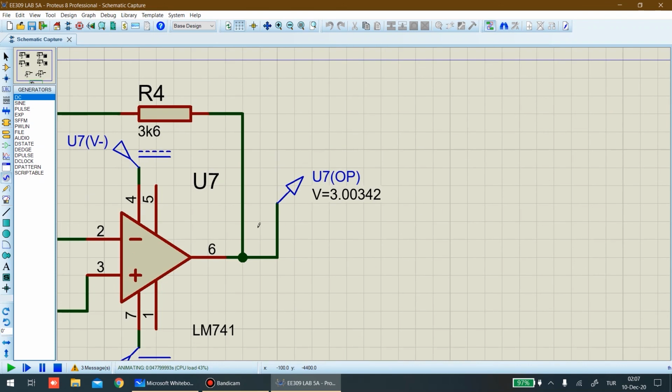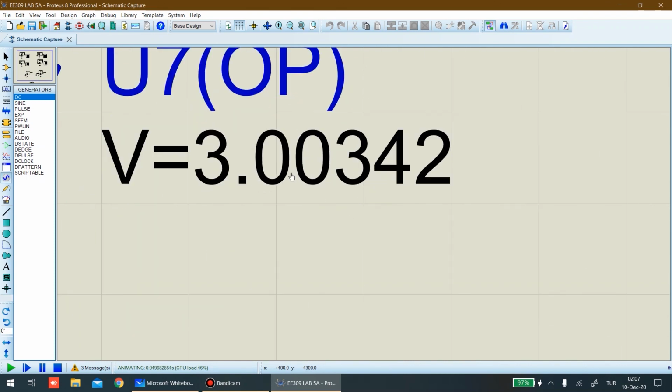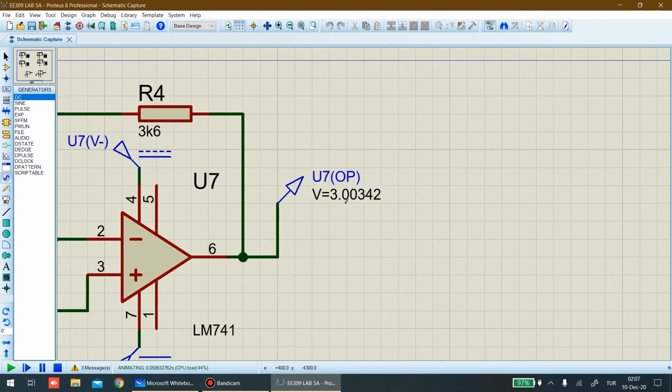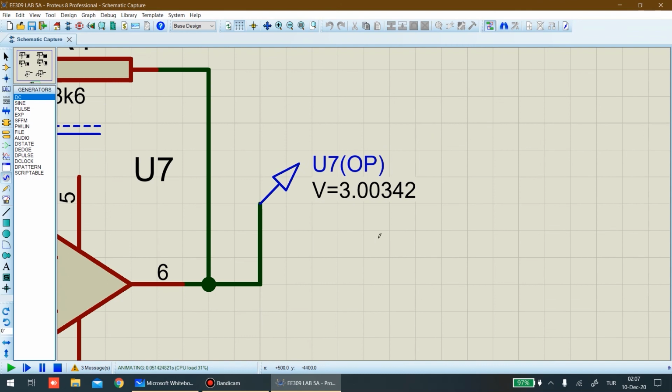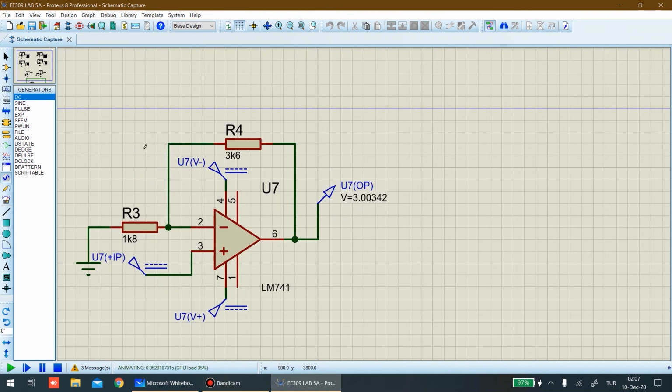However, we have an additional offset voltage at the output, which was multiplied by the gain.